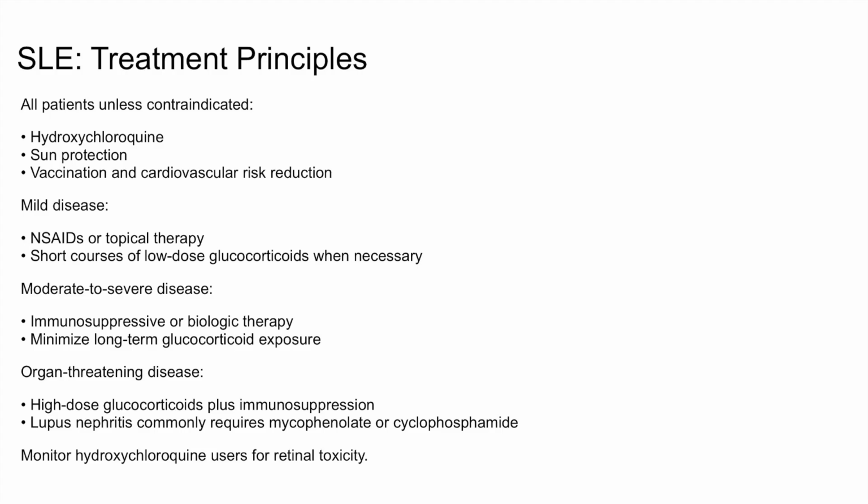Organ-threatening disease may require high-dose glucocorticoids plus stronger immunosuppression. Lupus nephritis is commonly treated with agents such as mycophenolate or cyclophosphamide. Patients taking hydroxychloroquine require regular retinal toxicity screenings because of that bullseye loss of vision that is iconic as an adverse reaction for hydroxychloroquine.